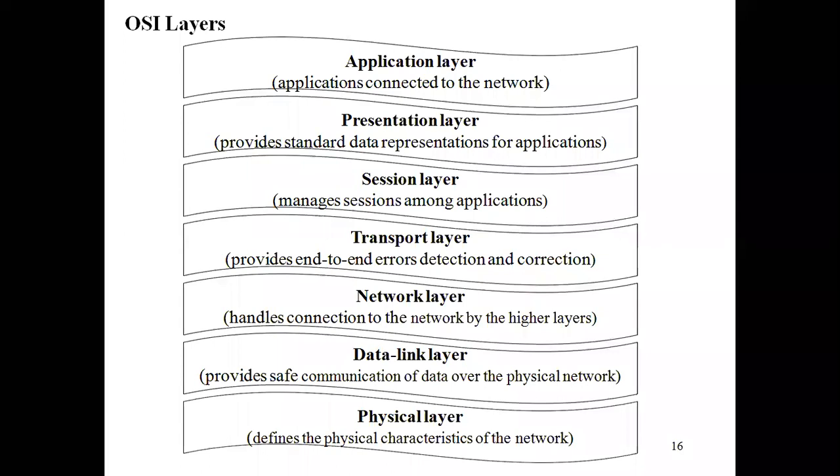Next is the data link layer. It is very important because it provides safe communication. The duty of the data link layer is very important. It makes the communication stable because of flow control. It does error control and error correction.